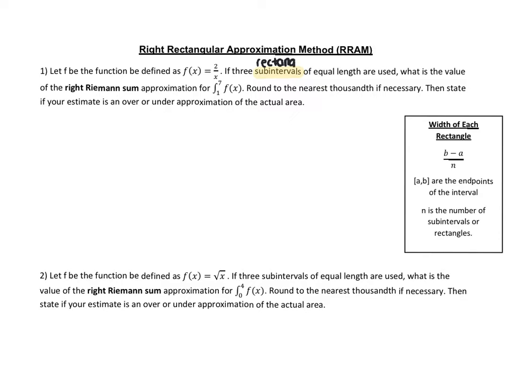So if 3 subintervals or rectangles of equal length are used, what is the value of the right Riemann sum approximation for this exact area? They're basically asking you to use this approximation over the interval from 1 to 7. And then round your answer to the nearest thousandth if necessary, and then state if your estimate is an over or under approximation of the actual area.